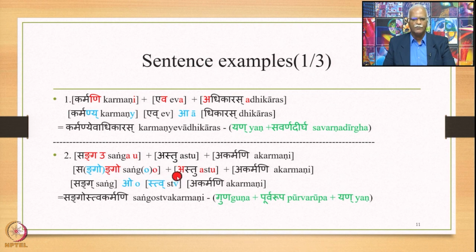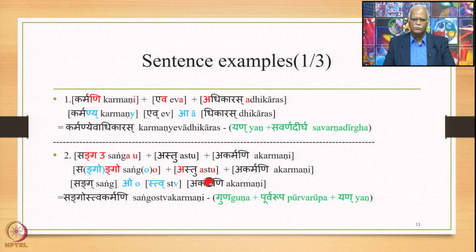So there we have purva rupa sandhi stated by the sutra engah padanta dati, that is applied over here, and so we have o as the one substitute in place of both o and a.